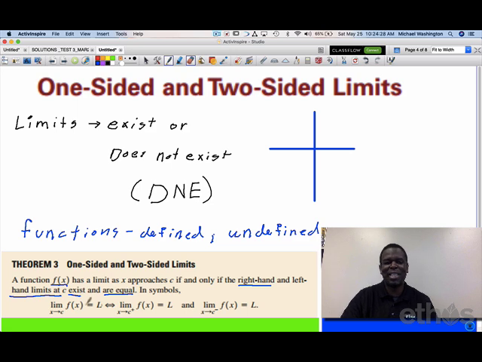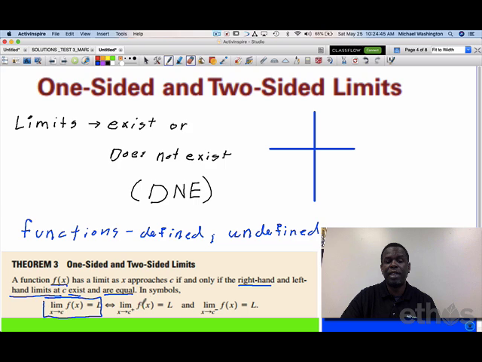Here's what we're saying. Look at this first limit expression here. This right here is our two-sided limit. So the limit of f of x as x approaches c from both sides is going to exist if these statements are true.